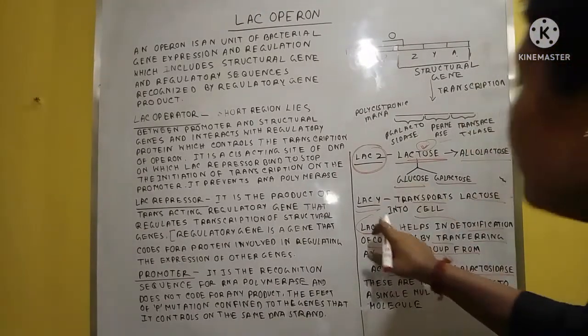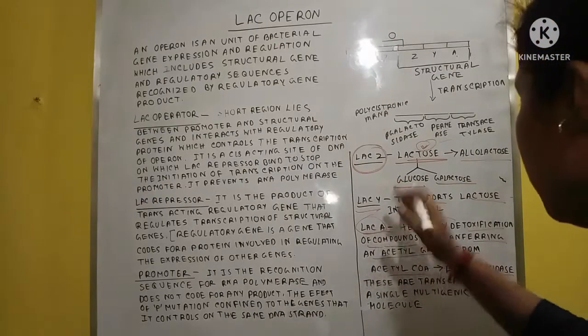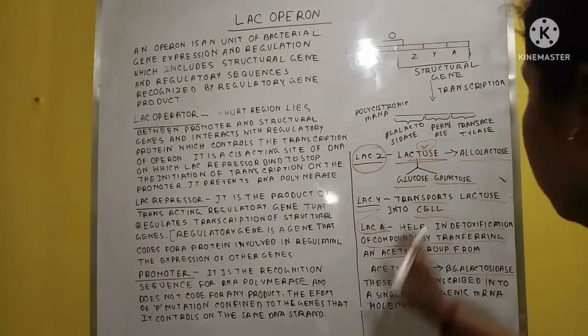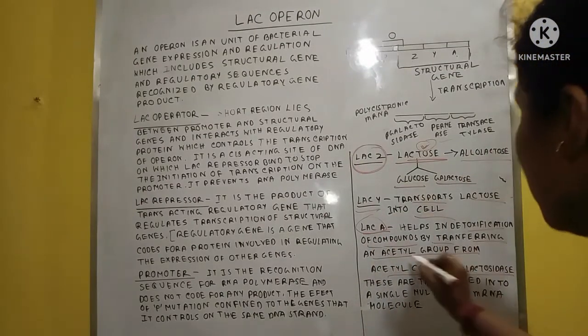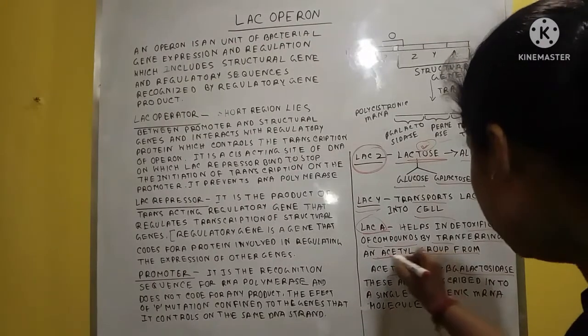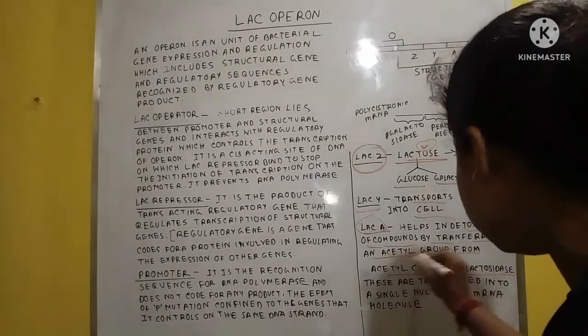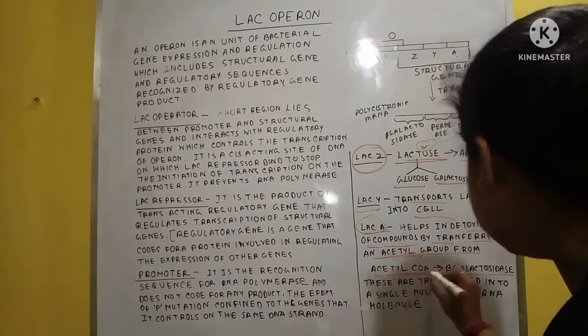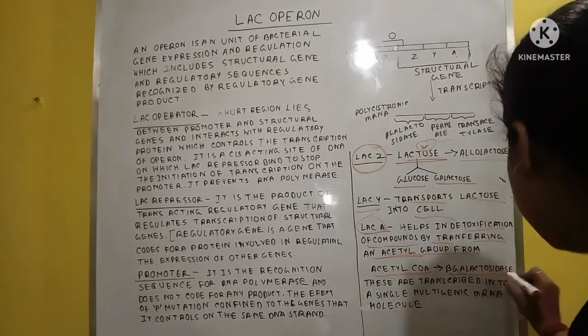What is the function of Lac A? It transfers the acetyl group from acetyl CoA to beta-galactosidase.